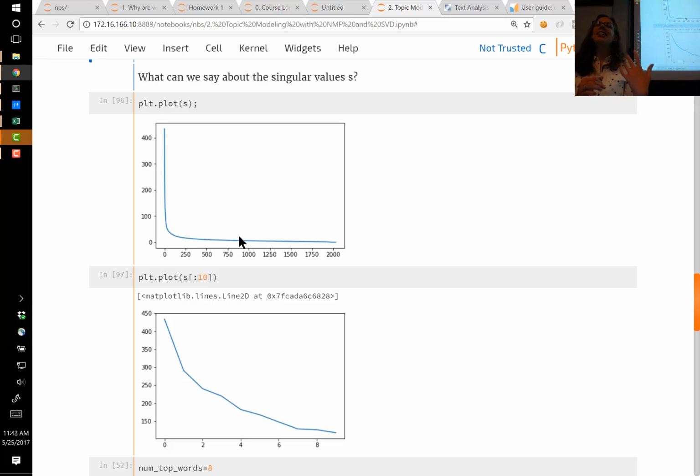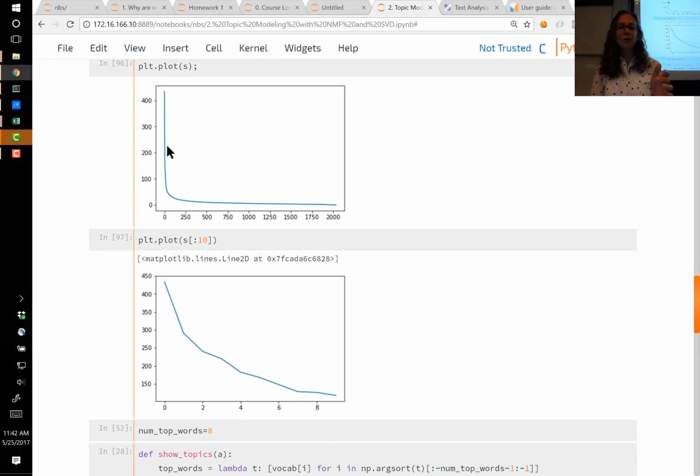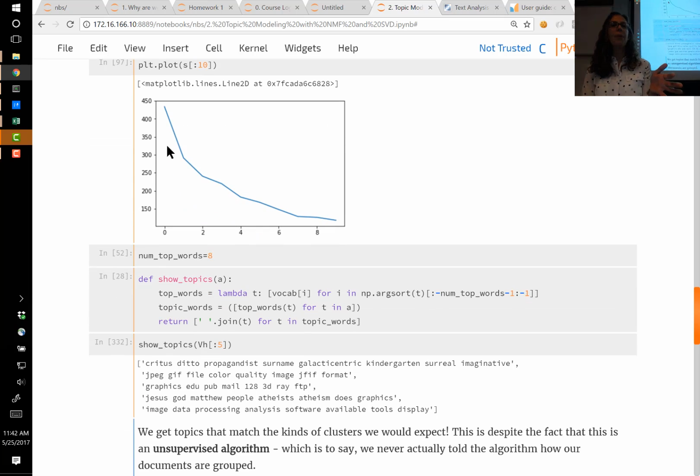It's hard to know exactly what these numbers correspond to, but it's helpful to see the relative importance. The vector S of singular values is always ordered, so you have the biggest values first. I think this will be easier when we see the topics.